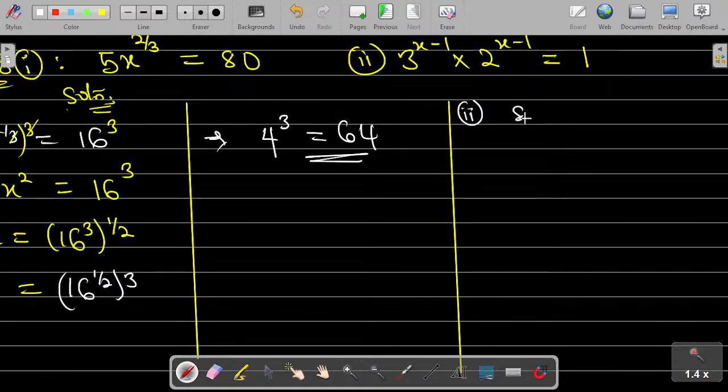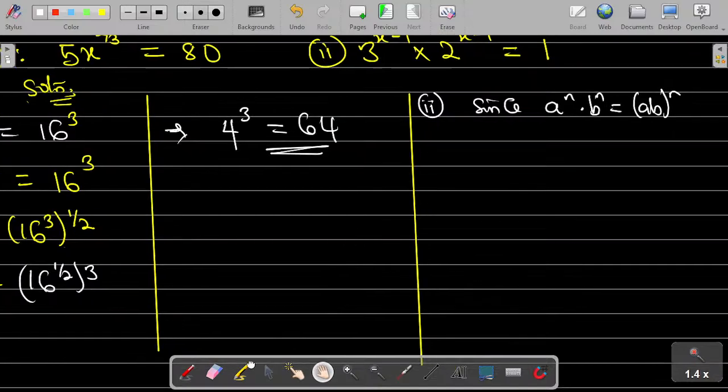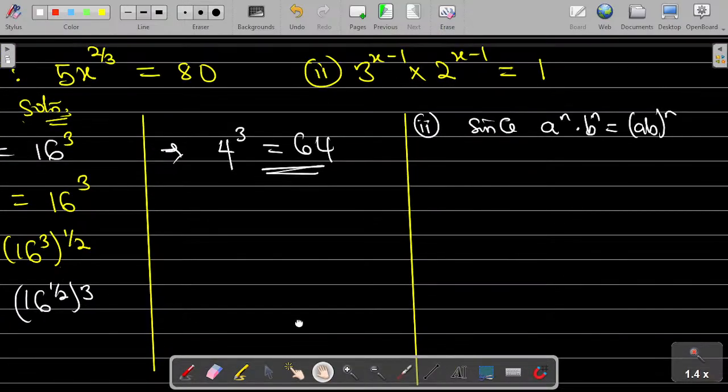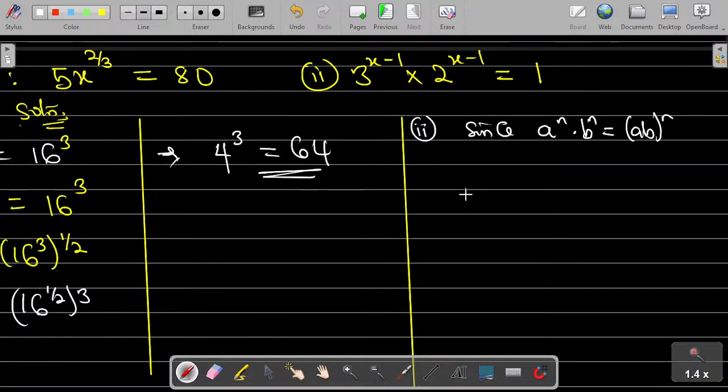Since we know that a raised to the power of n times b raised to the power of n is the same thing as ab all raised to the power of n, I can apply that here. That is the same thing as 2 times 3, all raised to the power of x minus 1, and that's equal to 1.